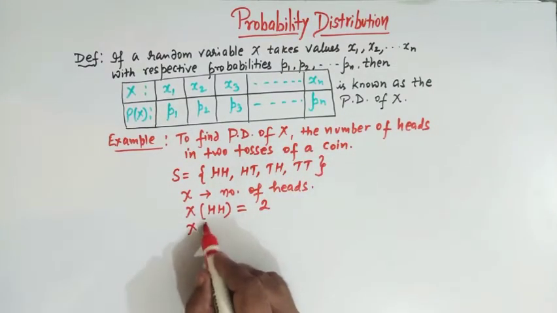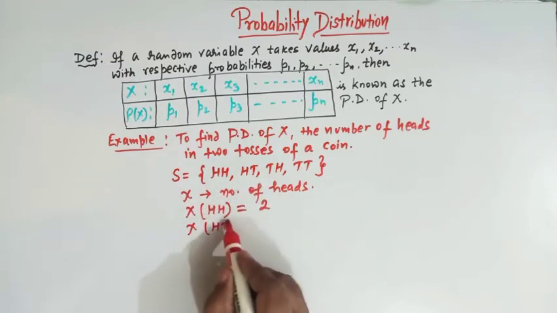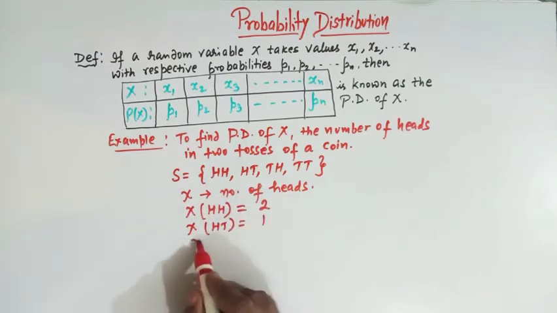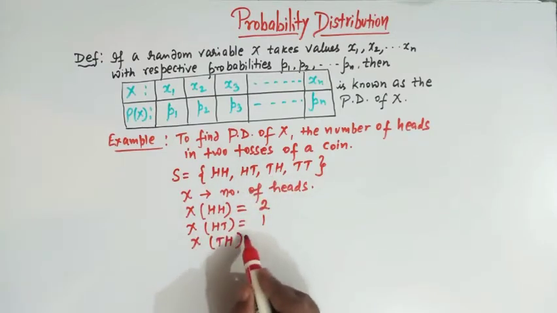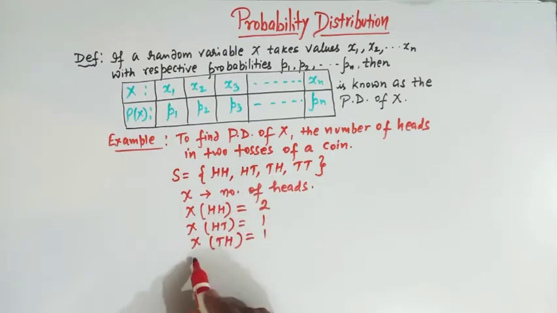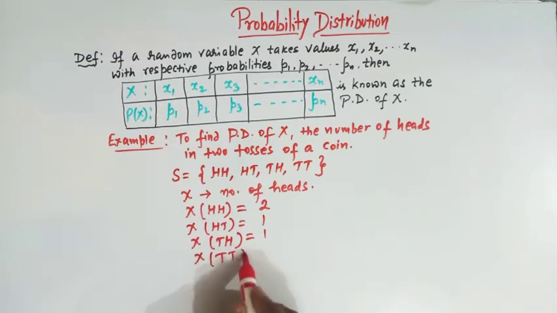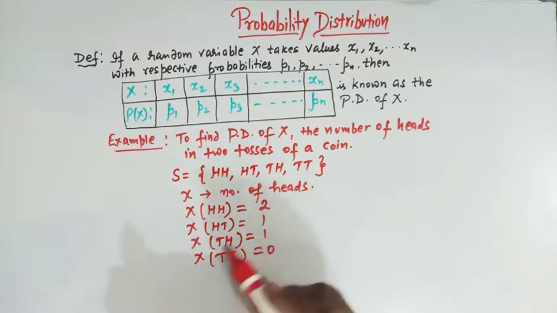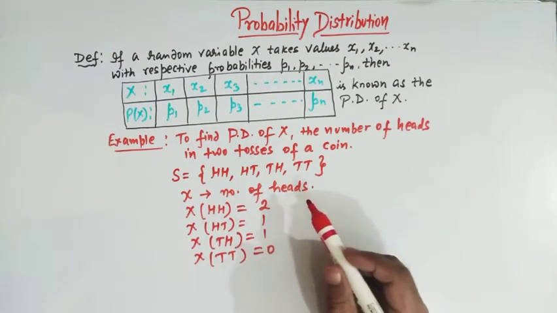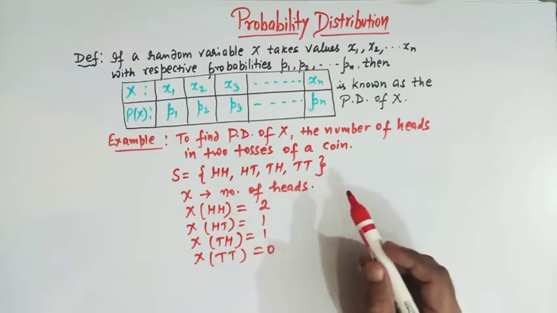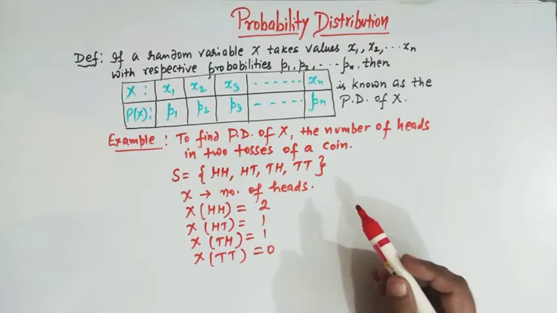Similarly, x of HT is 1, x of TH is again 1, and x of TT is 0, because here there is no head. For the concept of random variable, the viewers can see the video on random variable.